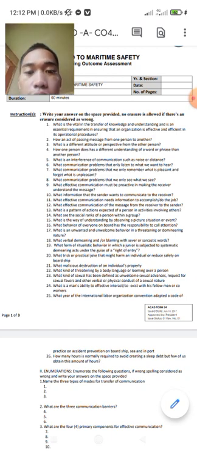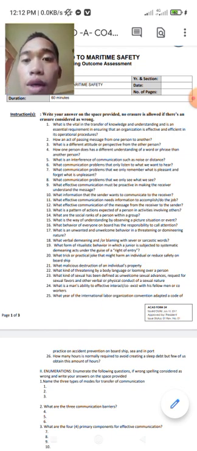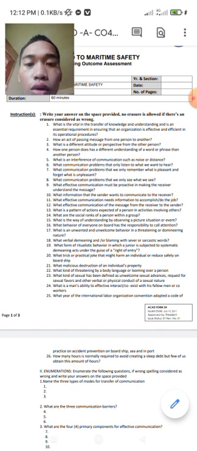It is called perception. The way you understand by observing is perception.